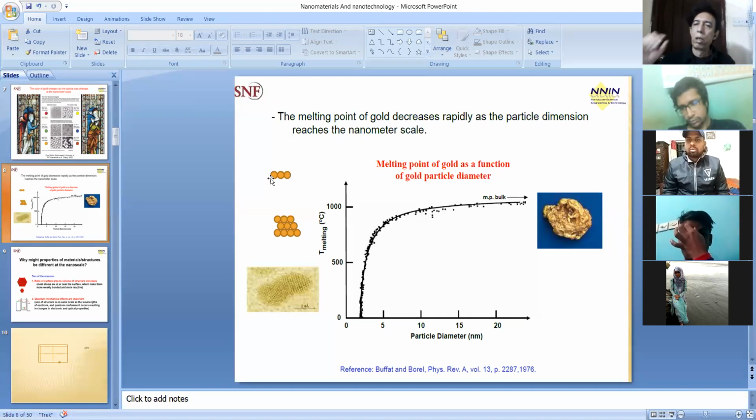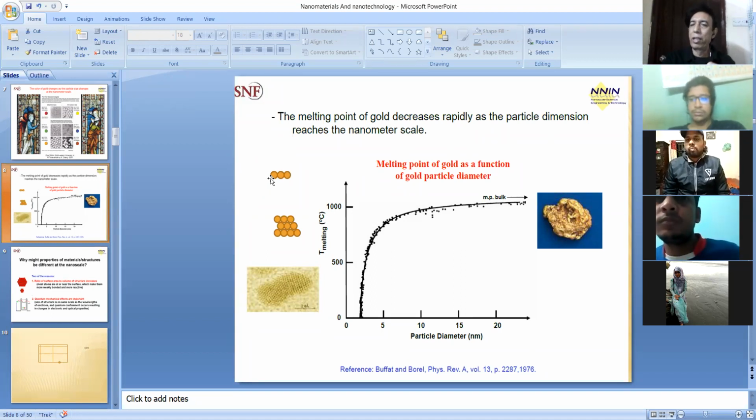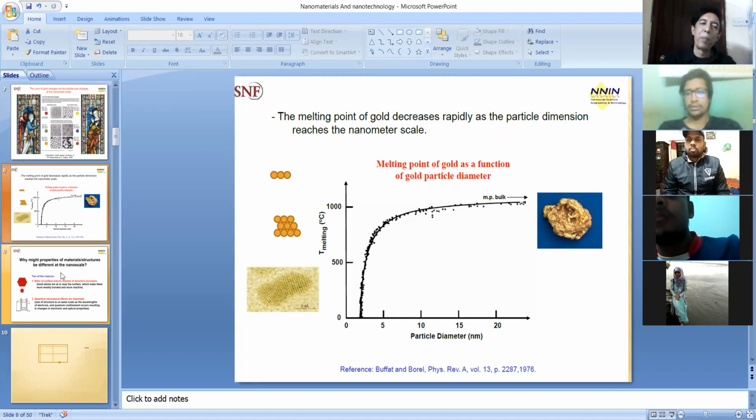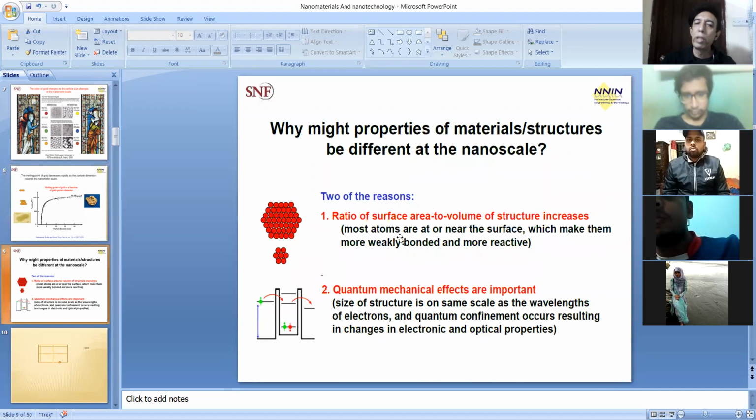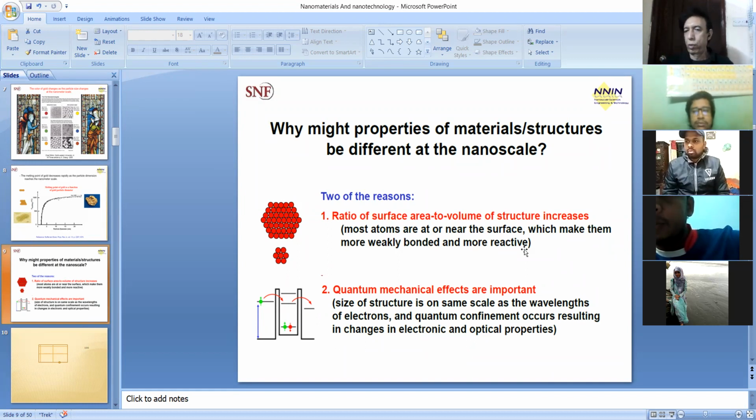So going to nano, if you decrease the size, then the particle becomes more reactive. Most atoms are near the surface, which makes them more weakly bonded and more reactive. This is the first reason.